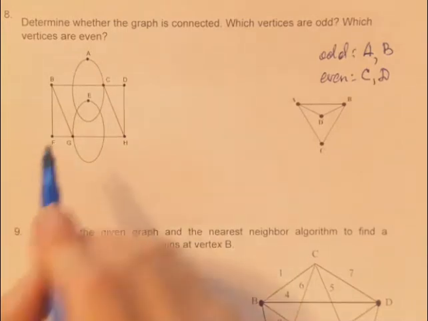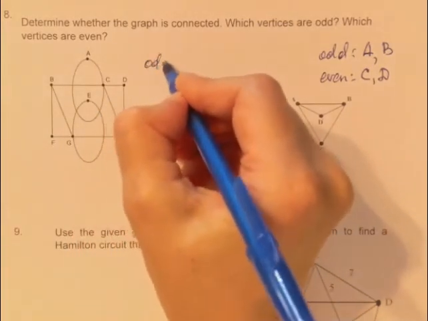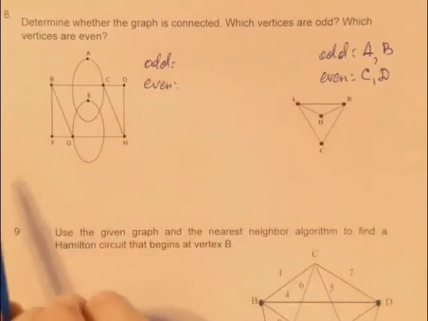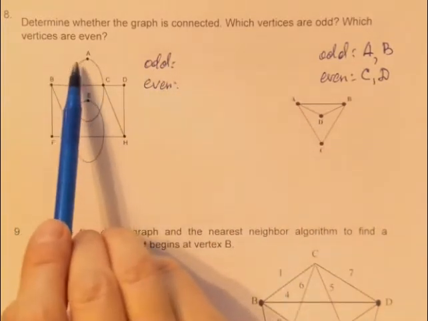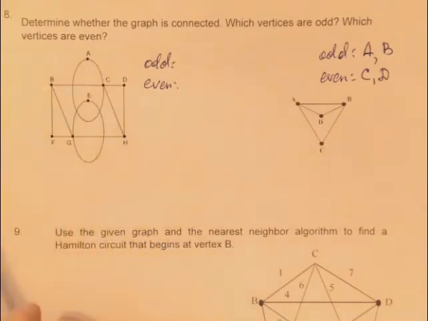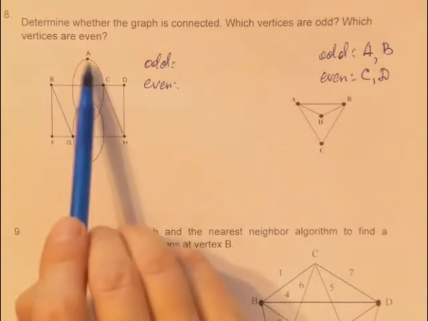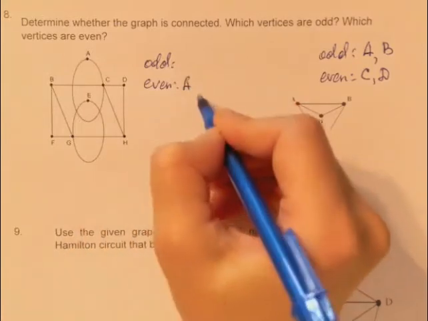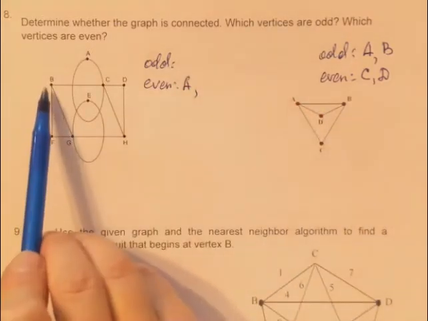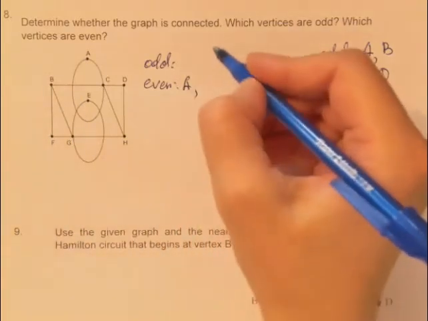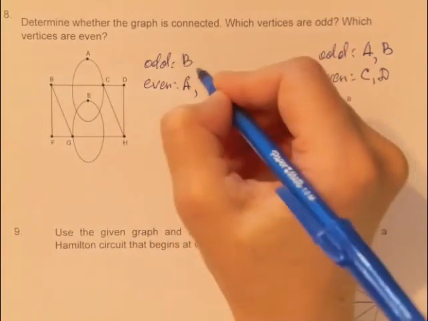So here, odd vertices, even vertices. A, 1, 2, two lines. So they are not straight lines, but still two lines. So A is an even vertex. B, 1, 2, 3, three lines, odd vertex.